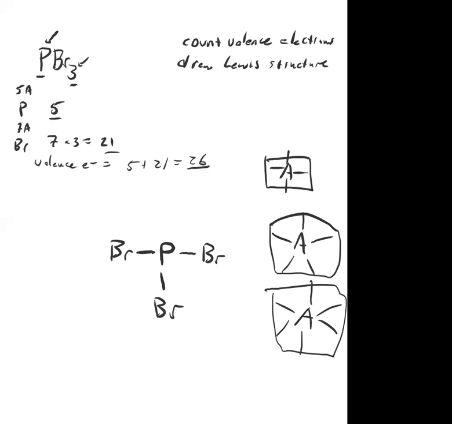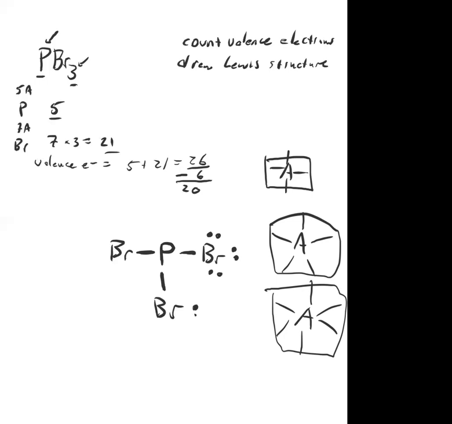Okay. Now we've already used 6 electrons: 2, 4, 6. So I'm going to subtract those 6, and you've got 20. Then I'm going to distribute them around the surrounding atoms first. So surrounding atoms get 3 lone pairs. The reason I'm doing 3 lone pairs is because they've already got a bond, so they already have 2. We don't want to go beyond 8. So 3 lone pairs gives them 8.